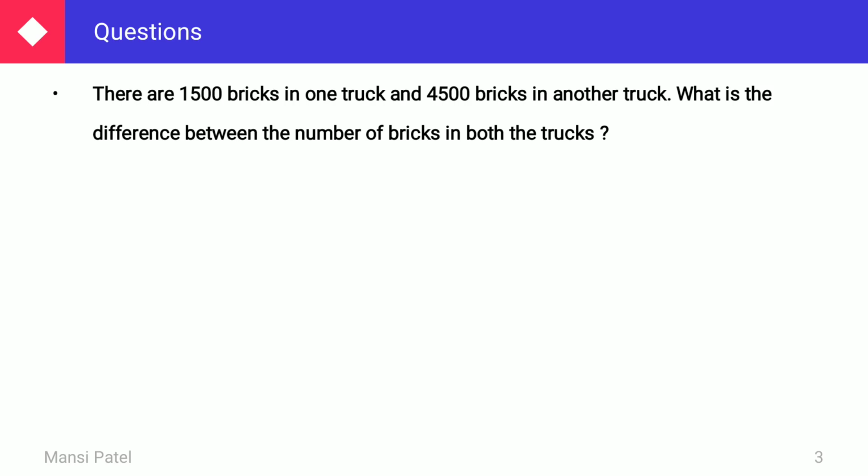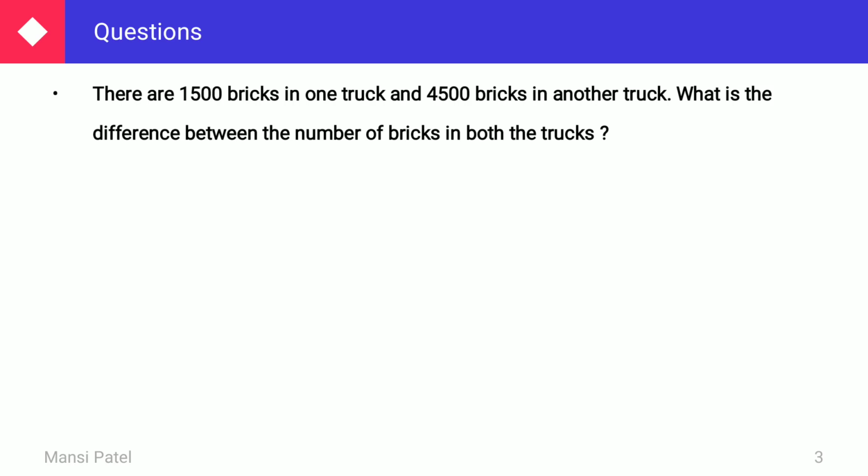Now they were asking what is the difference between the number of bricks in both the trucks. Difference means subtraction. So how many more bricks are in the second truck?